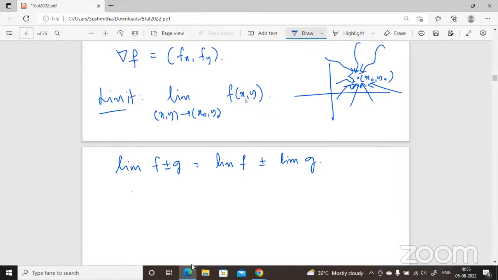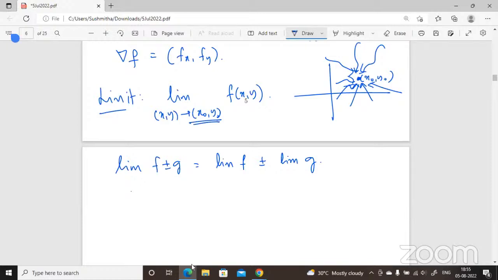So what is a limit? You're approaching a point, which means you want to find the value of the function as the values approach it. If you want to find the limit as x comma y goes to x naught comma y naught, you're seeing how the function behaves around this point x naught y naught. Because we are in the multivariable setup, there are infinitely many ways to reach the point x naught y naught.